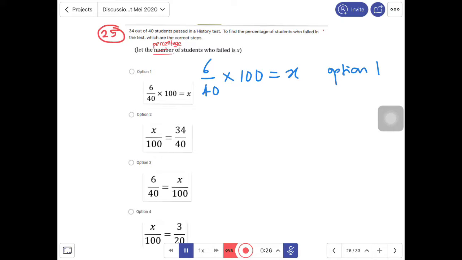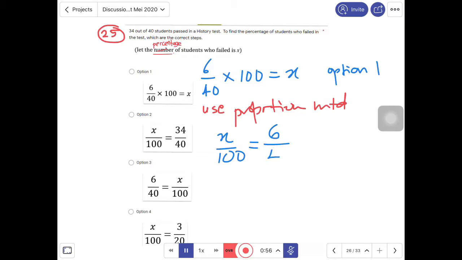Okay, and then if we use the proportion method, we can do like this. The percentage, something over 100 equals the quantity over the total.